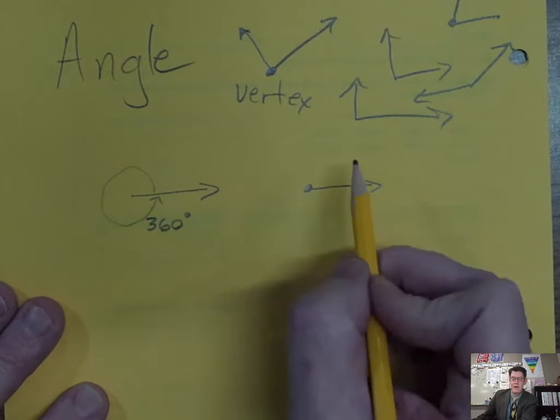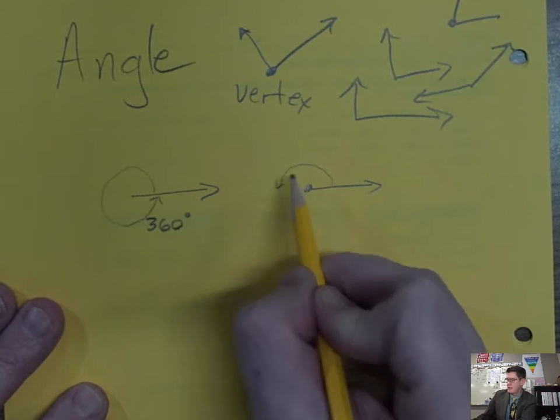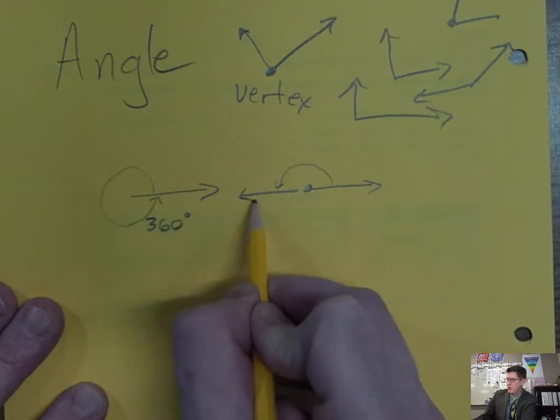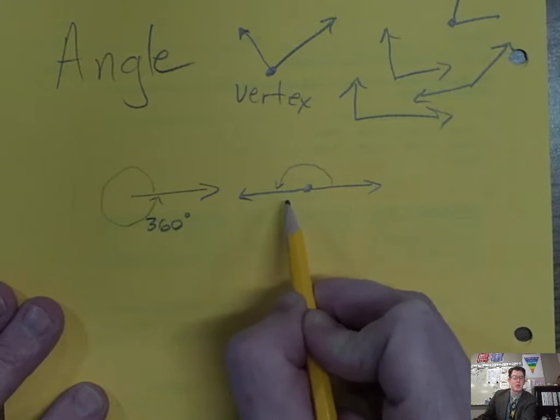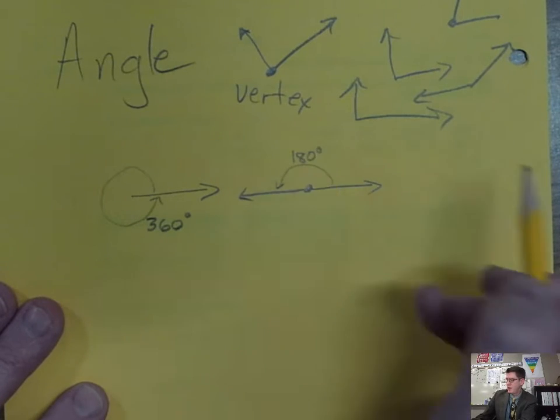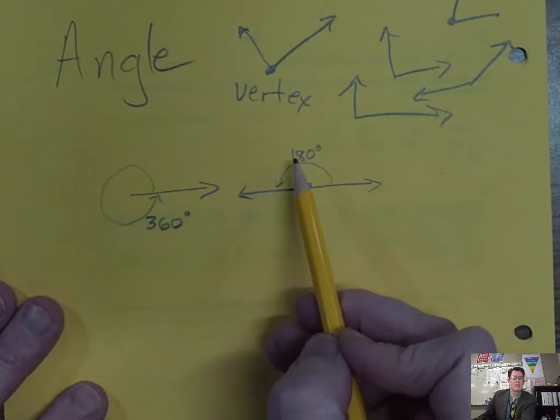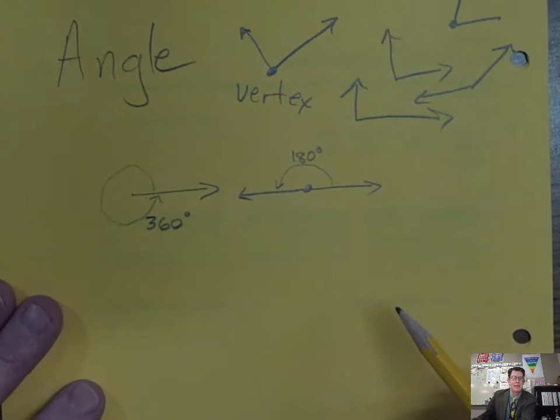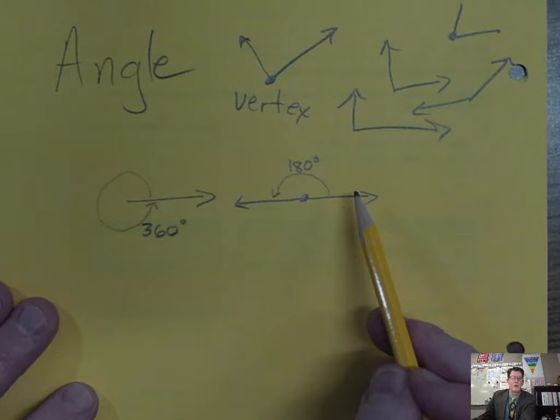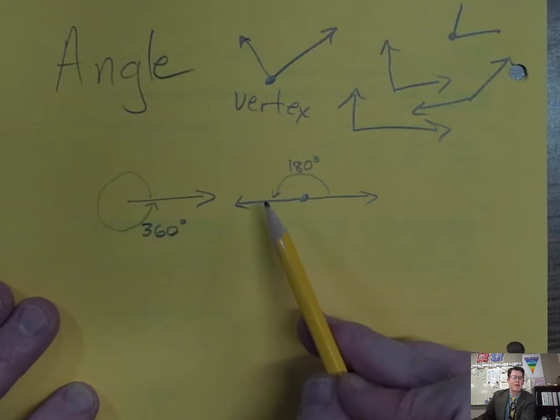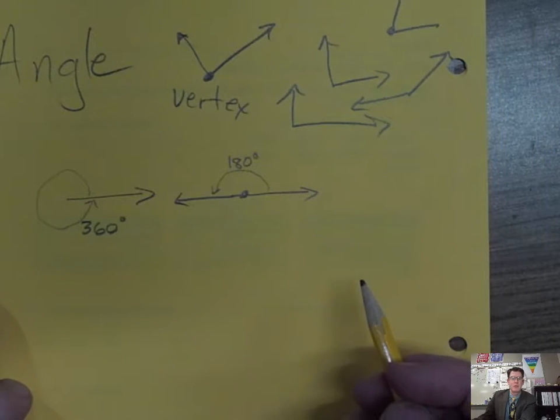Have you ever heard of somebody making a 180-degree turn? Well, that's half of a circle. That means they're going the opposite direction they were going. That's 180 degrees, and you can see that 180 is half of 360.